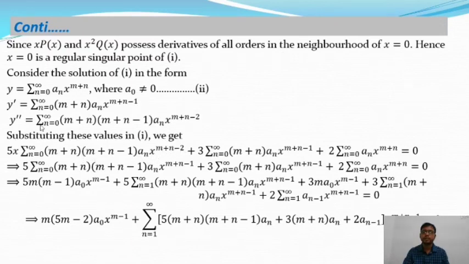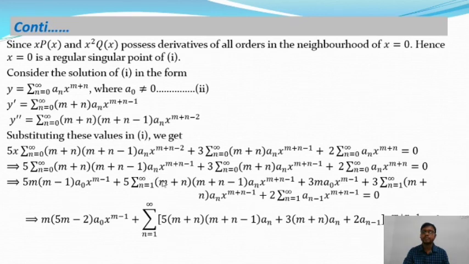After putting the value of y″ in equation 1, we get this one, plus 3y′, where y′ = Σ (n = 0 to ∞) (m+n) aₙ x^(m+n−1), plus 2y, that is Σ (n = 0 to ∞) aₙ x^(m+n), equal to 0. So after multiplying by x on that summation, we get 5 Σ (n = 0 to ∞) (m+n−1)(m+n) aₙ x^(m+n−1).